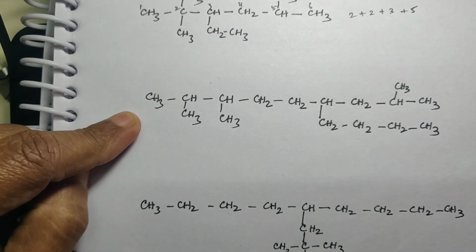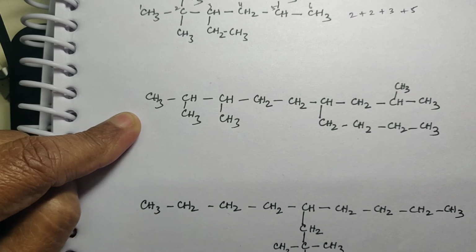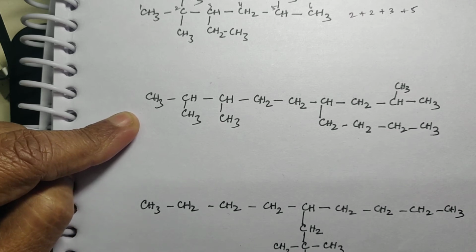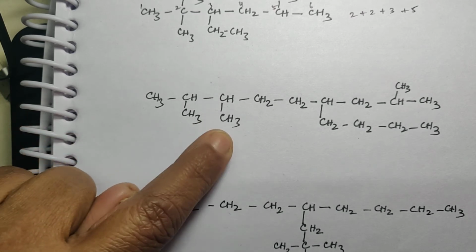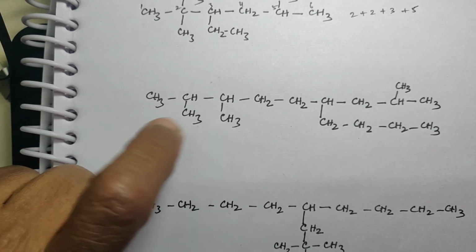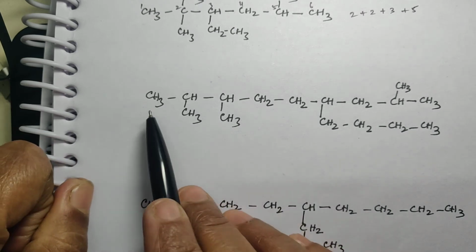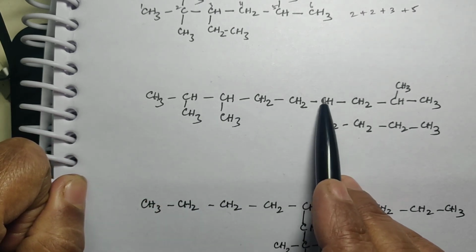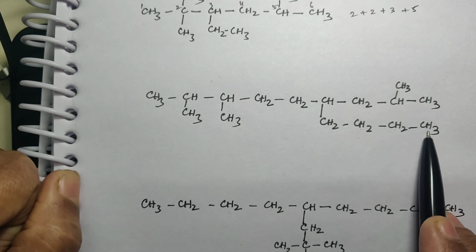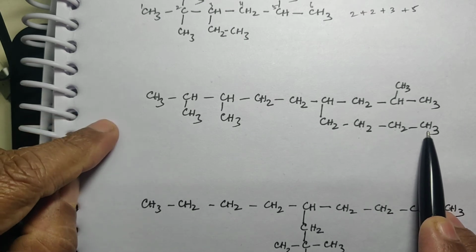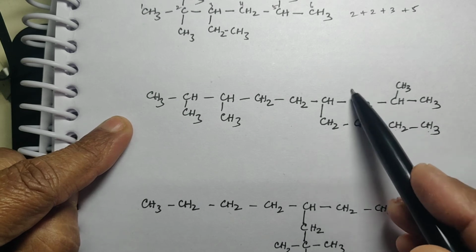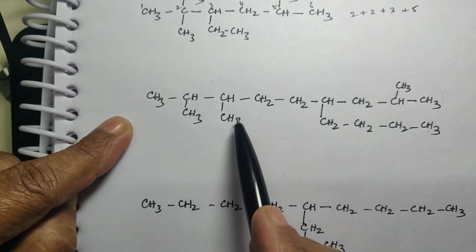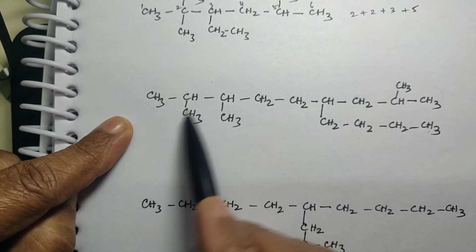Now here, CH3. Right. Now if you consider 1, 2, 3, 4, 5, 6, 7, 8, 9, 10, so if you consider the longest chain as made up of 10 carbon atoms, then this becomes a branch, and this is a branch, this is a branch.